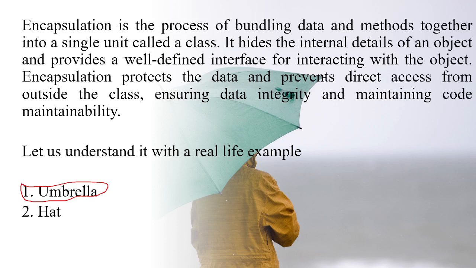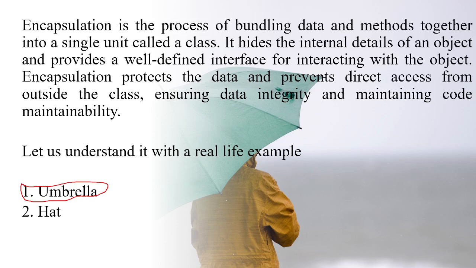Now the head is a private data member that is being protected, hidden from direct exposure to the sun. And the hat provides a controlled interface that interacts with the head to shield it from the sun. So the key point you can see here is that the person doesn't need to cover the entire body with a large piece of cloth.